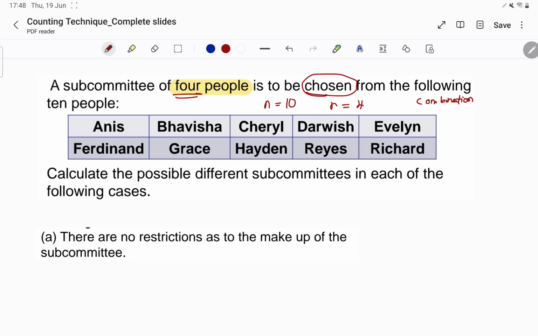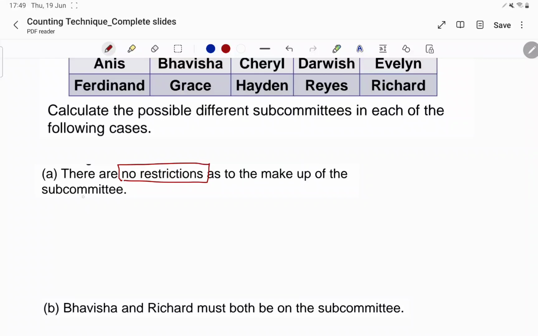Now calculate the possible different subcommittees in each of the following cases. For the first case, there are no restrictions. So there is no restriction to make up the subcommittee. We can choose 4 people without any condition. So we can use the formula nCr.